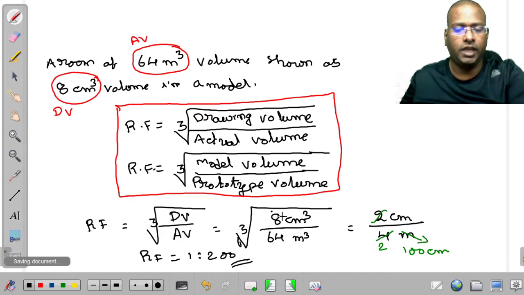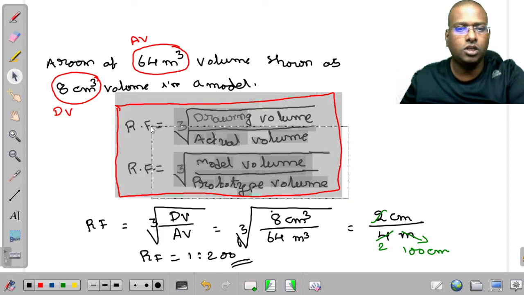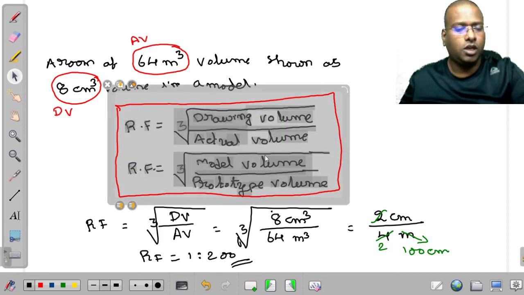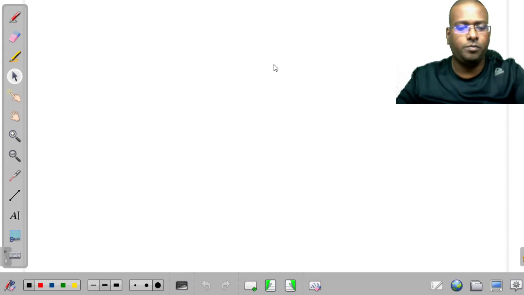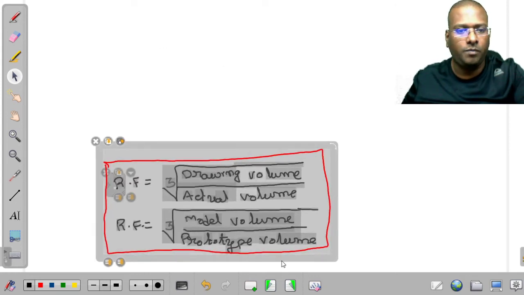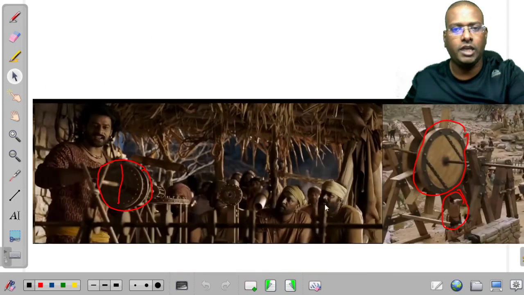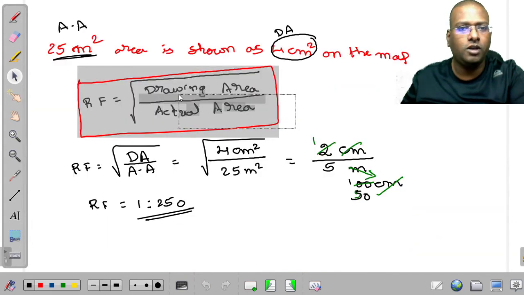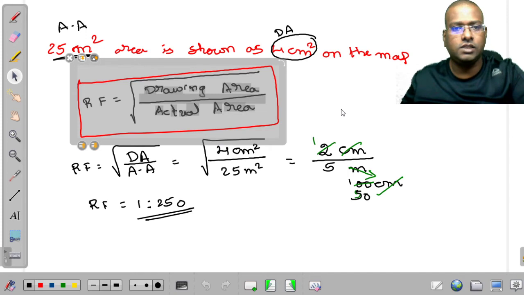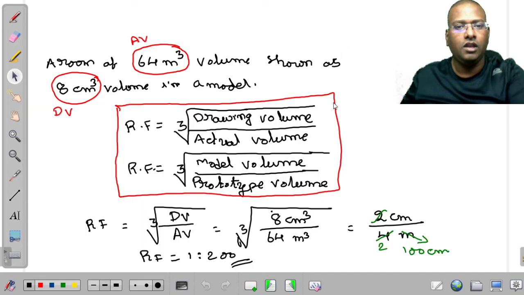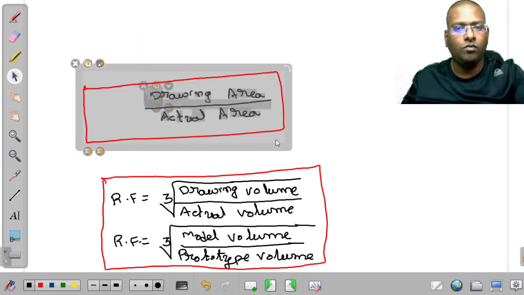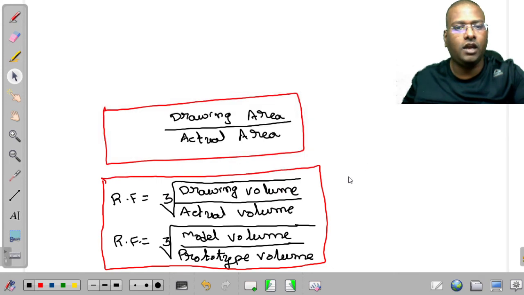So these are the different formulas we are going to use for construction of the scale. What are the three formulas we have for this particular representative factor? I am going to put them on a single page here. One is drawing volume divided by actual volume. What is the other formula? Once the areas are given, we have to use drawing area divided by actual area.